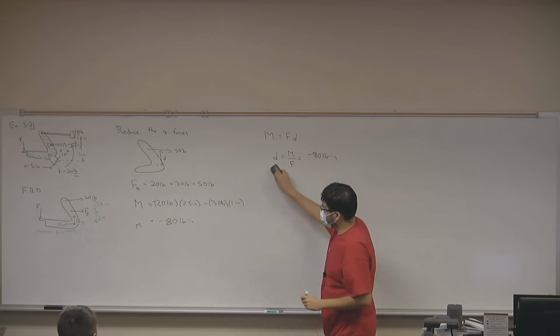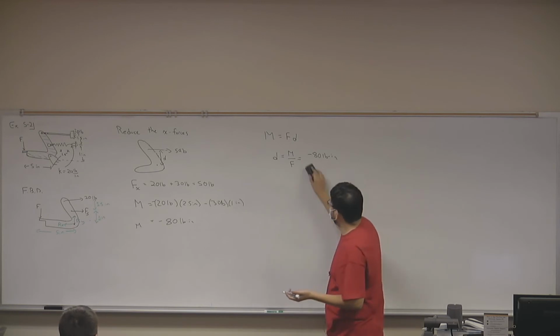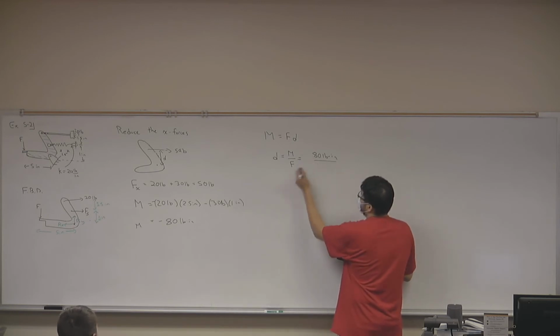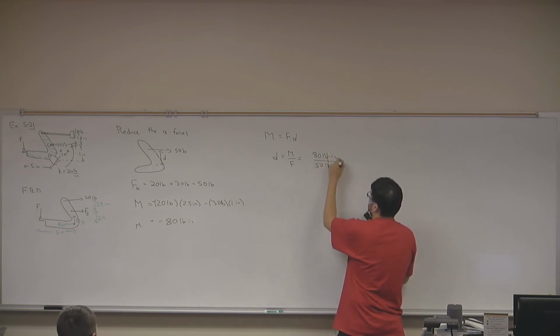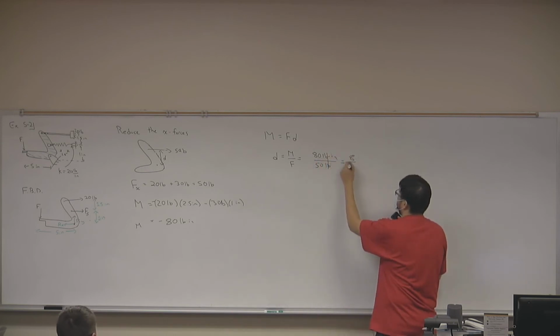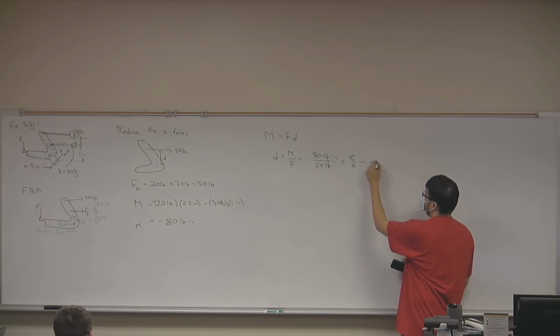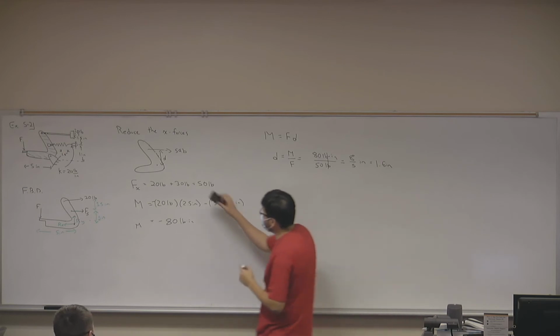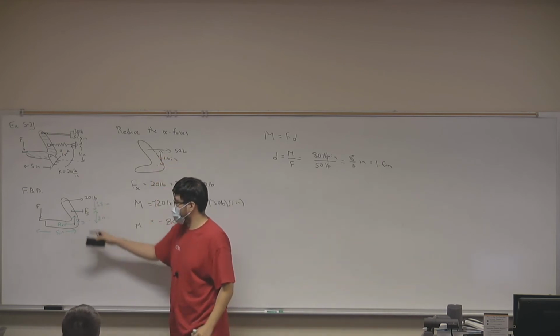And here you want to be careful with your signs, because in terms of distance, this negative means nothing, really. So 80 pounds per inch divided by a force of 50 pounds gives me a distance of 8/5 inches. How much is that? 1.6. Okay? So that means that this force has to be at a distance of 1.6 inches, somewhere in between these two, as you can see.